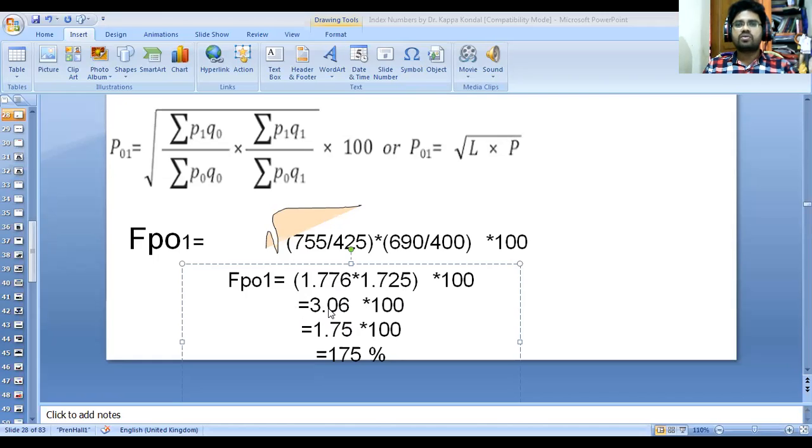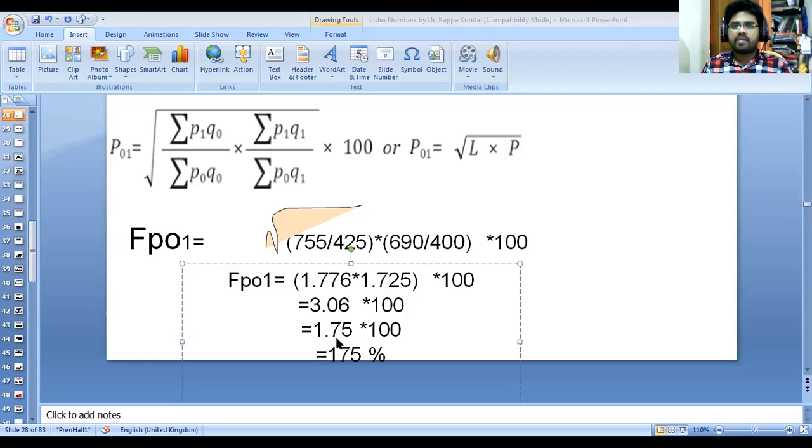Here we need to cancel the root value. You can do it with a calculator: there is an under root of x key, so enter 3.06 and you will get 1.749, which is approximately 1.75.